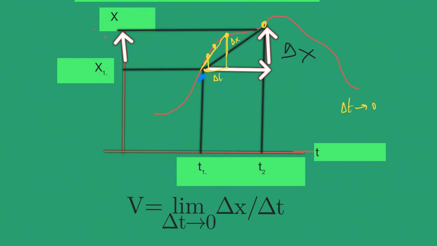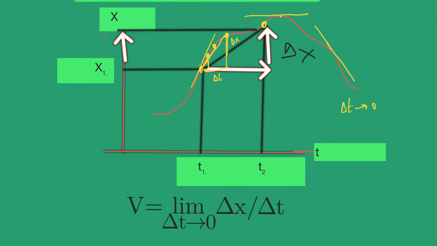And the instantaneous velocity is the slope of the graph. So on here, the instantaneous velocity is the magnitude of the slope. On here, the instantaneous velocity is the magnitude of the slope. Oh, it's 0. On here, the instantaneous velocity is the magnitude of the slope. Oh, it's negative. So the instantaneous velocity is a process that is a limit.